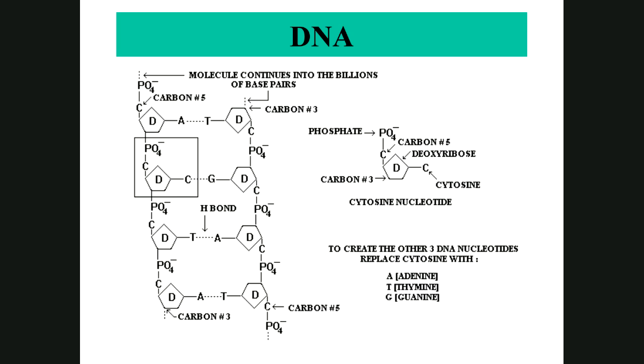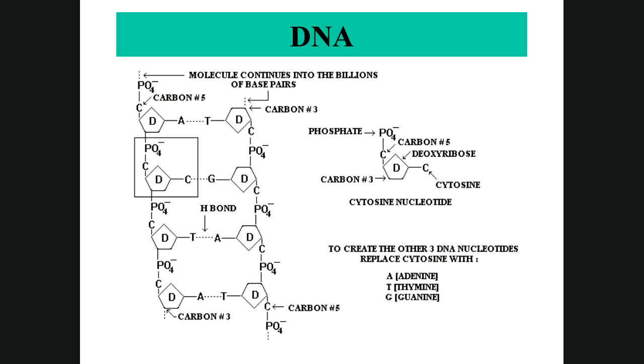So to a cell, when it sees ACT, it might be telling the cell to put amino acid 6 into a protein. ACT would always mean amino acid number 6 out of the 20. And it's not only in humans, but in every life form on the earth. ACT on the DNA would tell the cell to put amino acid 6 in a protein.